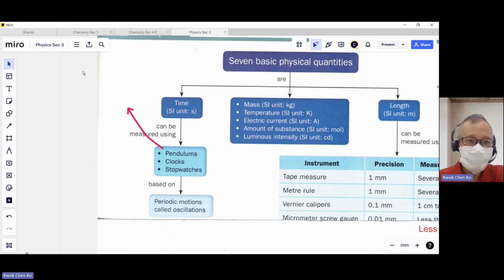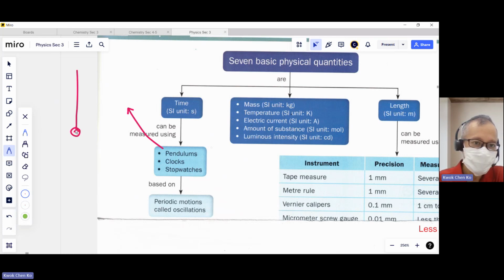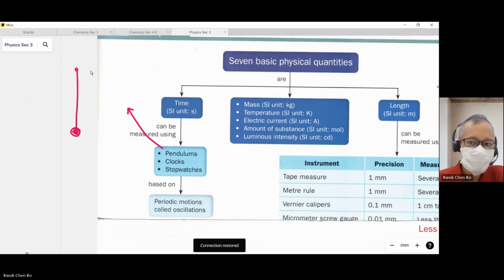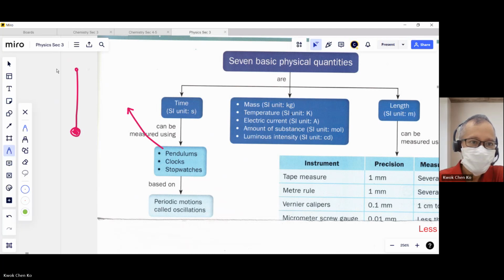So essentially, you have a piece of string. You have a mass or weight over here, usually spherical. This end is tied to something. Could be any fixed point here.